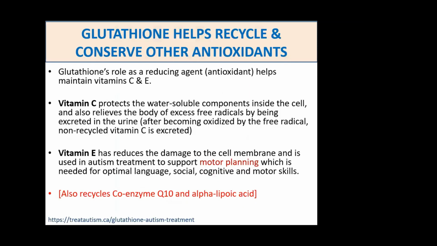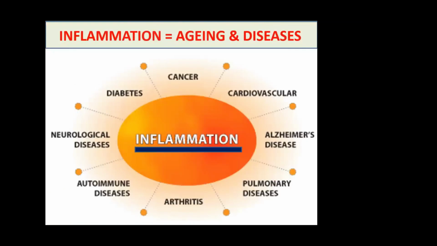Glutathione helps recycle and conserve the other antioxidants. Vitamin C works on the water-soluble component of the cells. Vitamin E works on the fat portion of the cells. And there's also coenzyme Q10 and alpha-lipoic acid. They all work as a team. In the end, on top of the cascade is glutathione, which helps the system to regenerate and recycle.